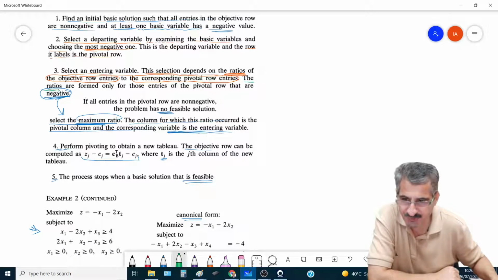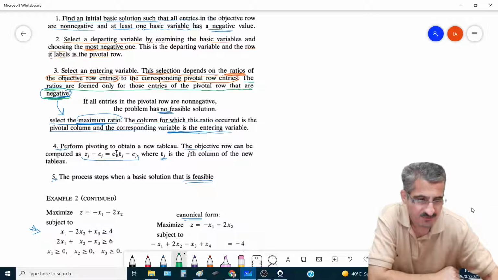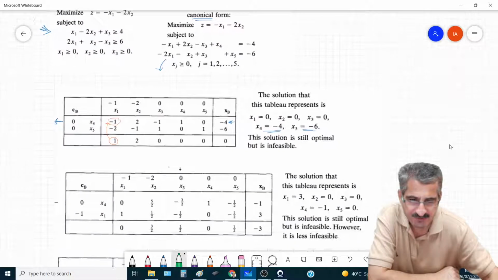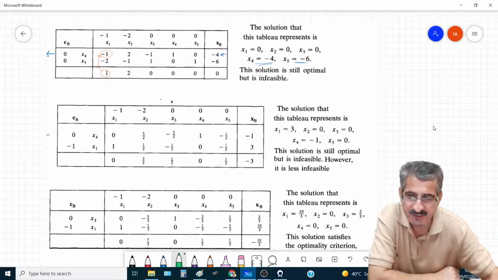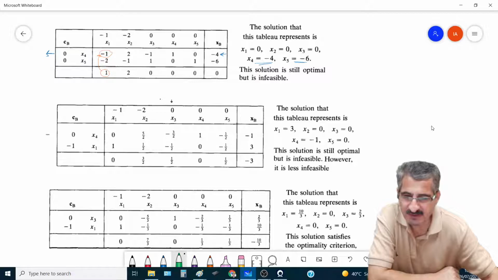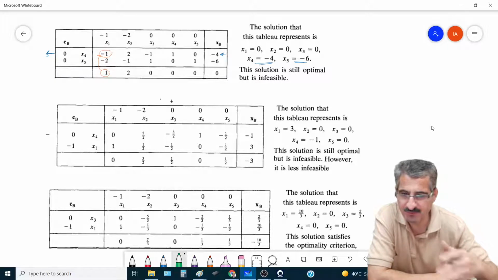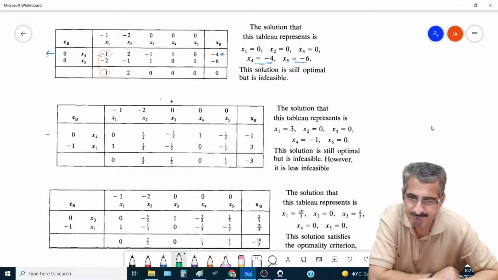The ratios are formed only for those entries of the pivotal row that are negative. So the pivotal row here is the first row, correct? We do 1 over -1, which is -1, and this is the only ratio, right?